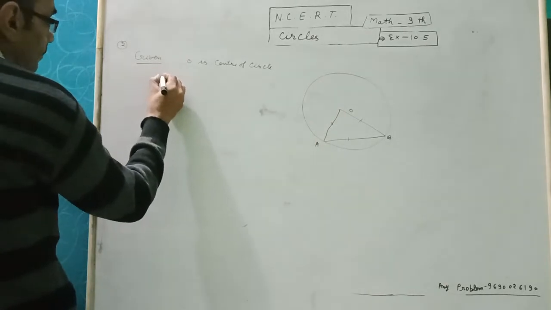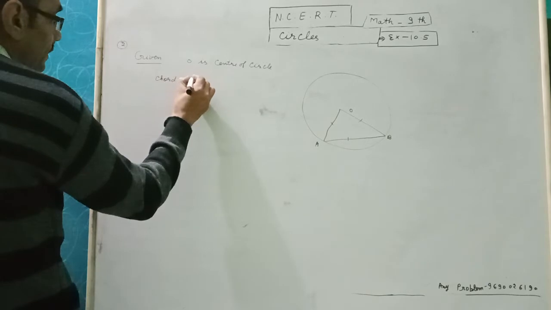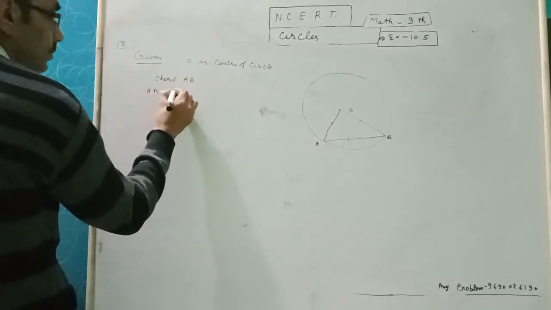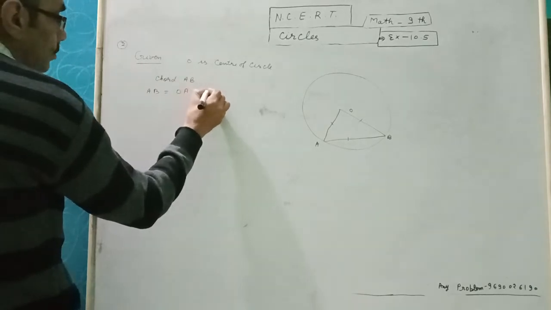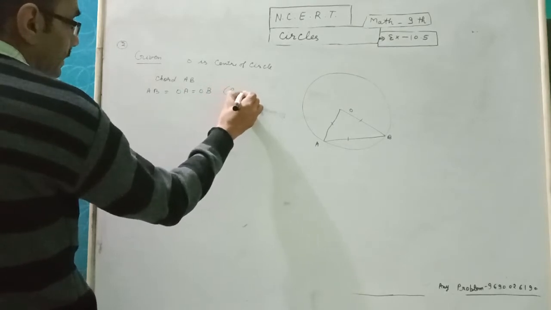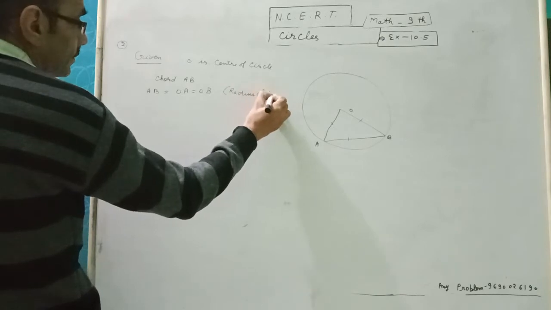Chord AB is equal to OA is equal to OB. The radius of the circle.